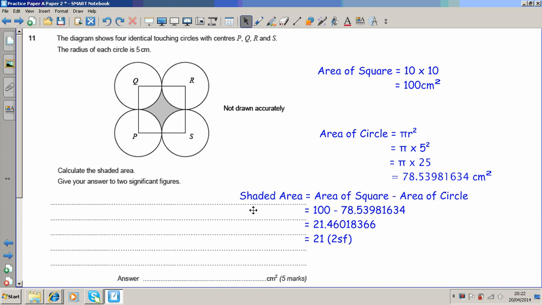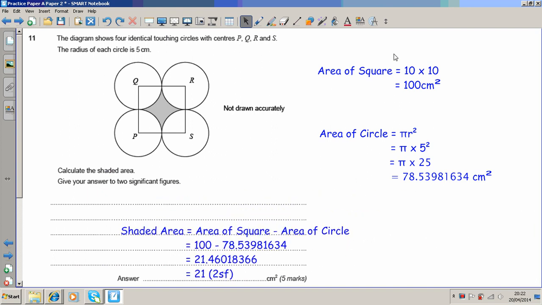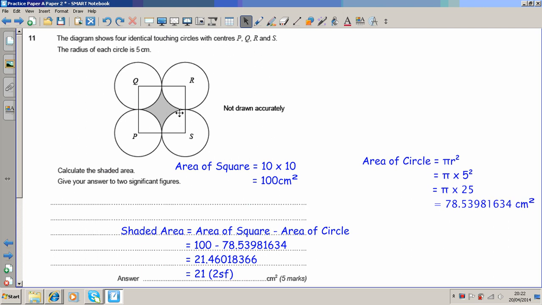And then we're there. Alright, so you've got your square, you've got your circle, take the 2 away, and you should get your answer.